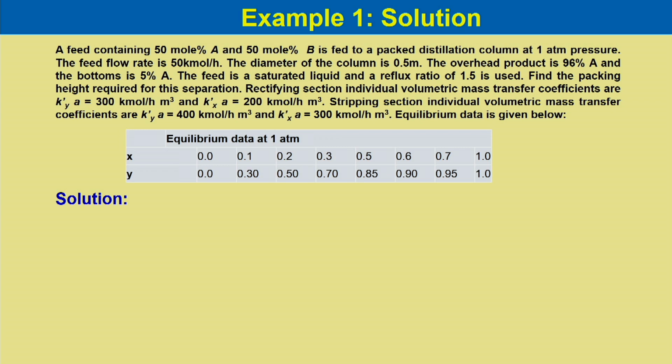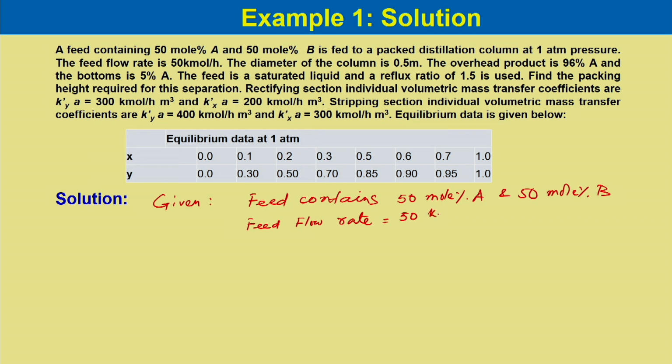So, the data which are given: the feed condition, 50 mole percent A and 50 mole percent B. Feed flow rate 50 kilomole per hour. Diameter of the column which is 0.5 meter.